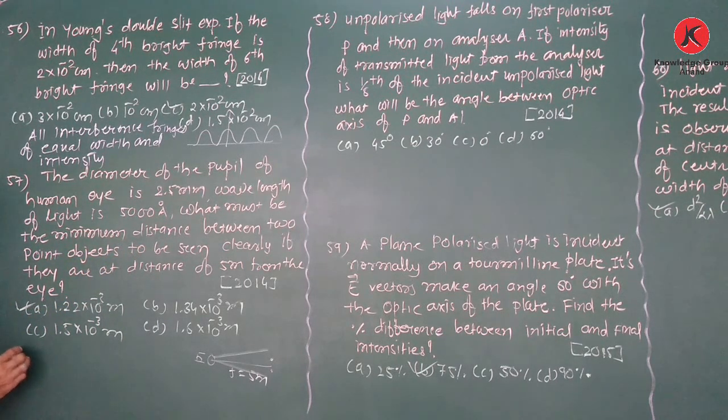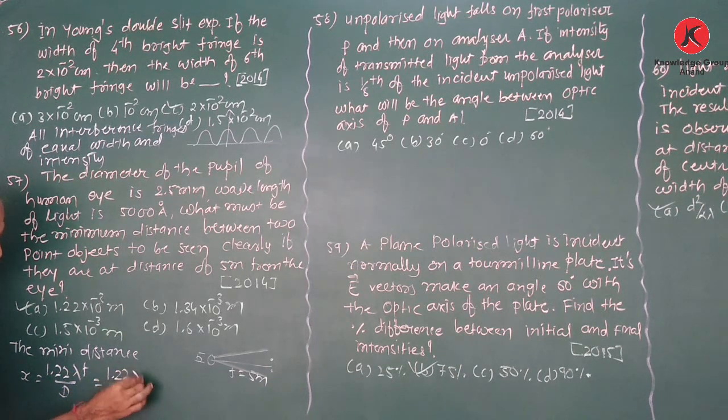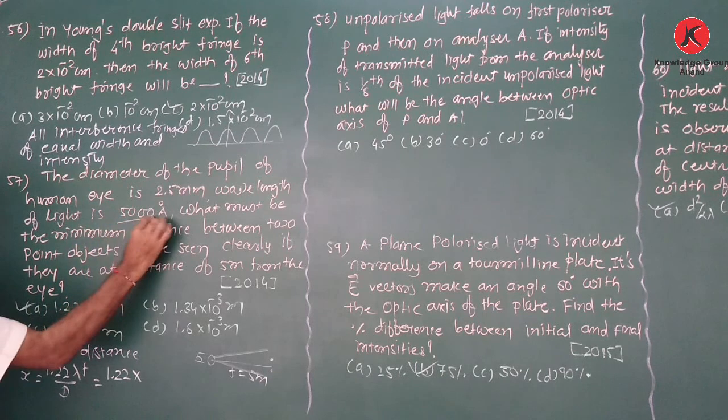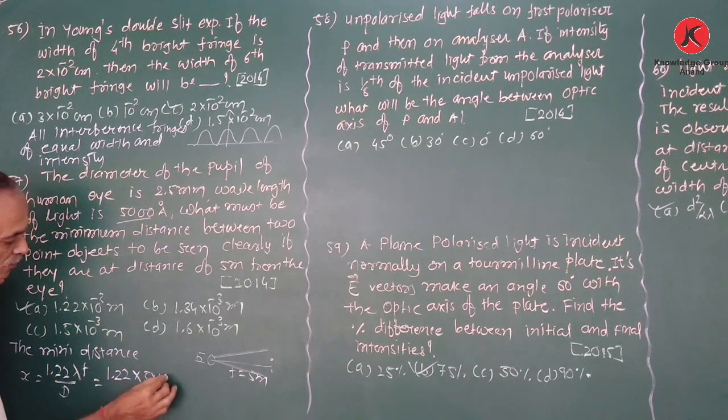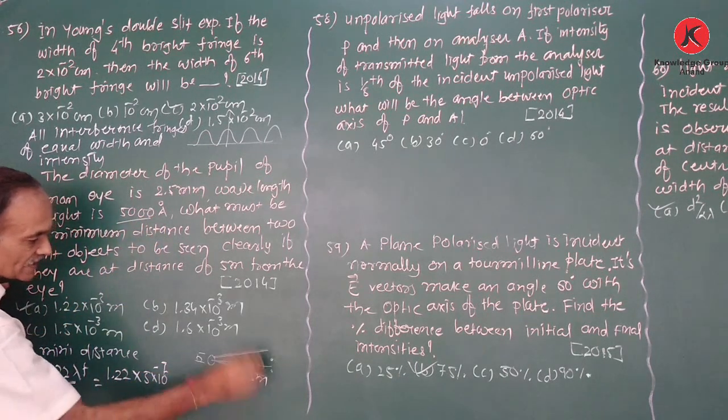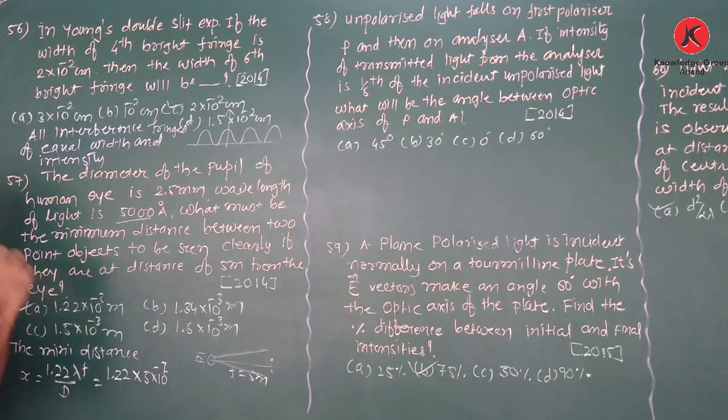The minimum distance is x is equal to 1.22 lambda f upon d, is equal to 1.22 lambda. Wavelength of the light used is 5 into 10 raised to minus 7, and f is equal to 5 meter distance, that is the distance of the object from the eye.